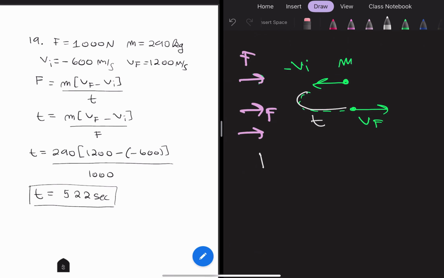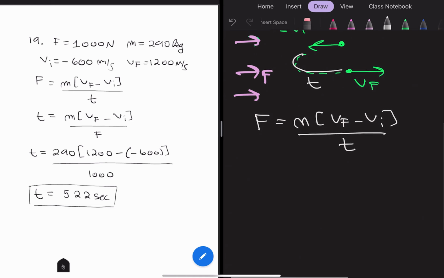So the equation is force is equal to mass multiplied by final velocity minus initial velocity divided by time. And here I was going to solve it using variables because there's a lot of terms to carry around. So we're trying to get time. Actually, this one is not too bad, so I'm just going to plug in.